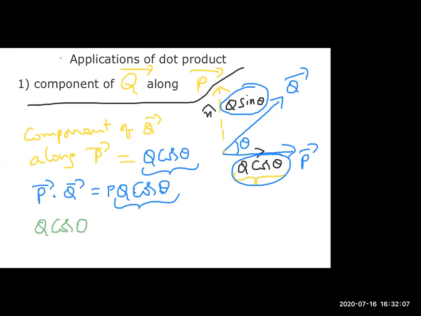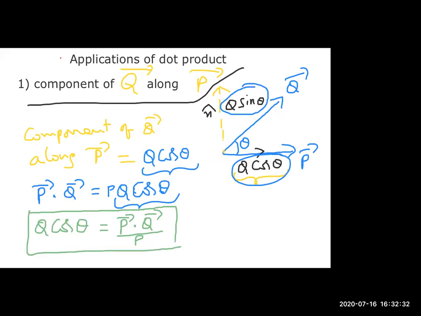Q cos theta, I can write it as P bar dot Q bar by P. Or Q bar dot P bar by P. This is the component of Q bar along P bar.